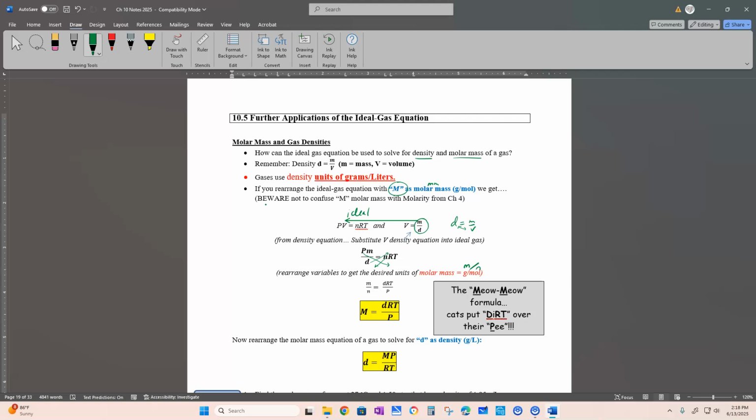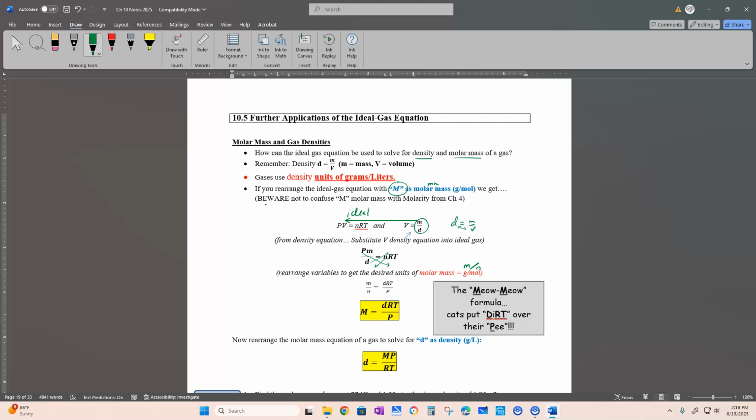Cats put dirt, density, R gas constant, T, over their P, aka pressure. Dirt, right there. Density, RT over P. I always remember the meow meow. I try to find tricks, ladies and gentlemen, because I don't like to memorize. I find mnemonic devices, cool little tricks, so that way I can remember it for all time.